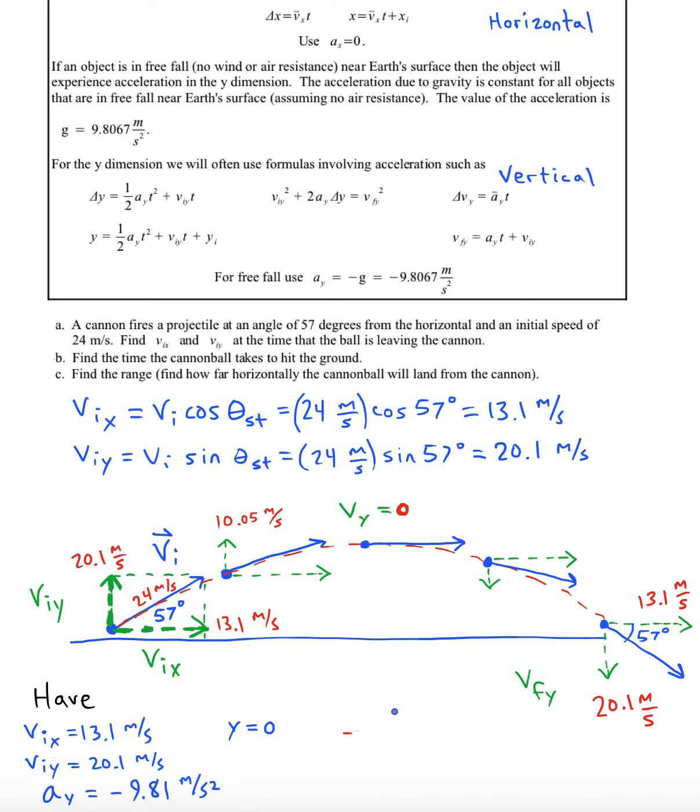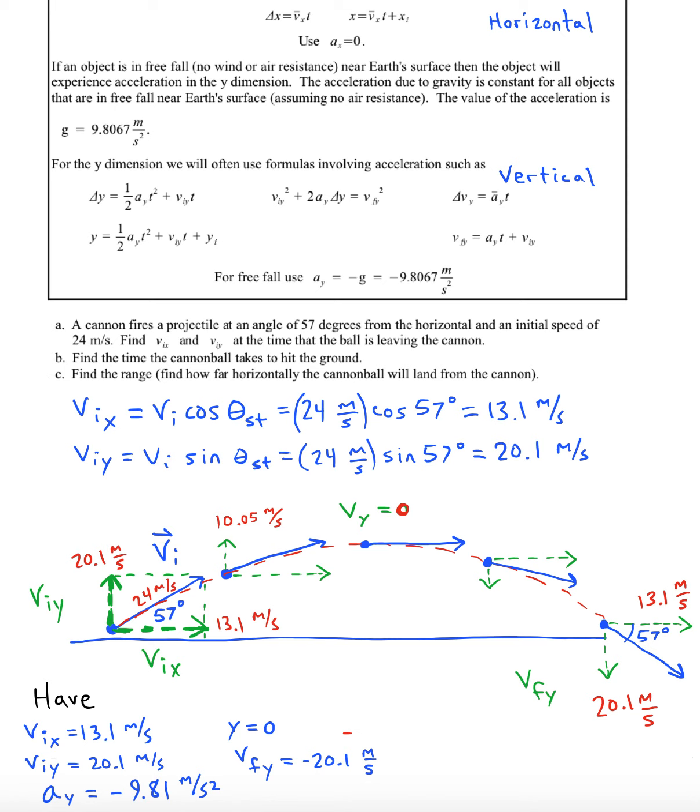With all that in mind, we can say that we know what VFY is going to be. It will be negative 20.1 meters per second. I bring that up because we'll see VFY in some of the formulas. Okay, now let's try to identify a formula where we could plug in everything except the time.